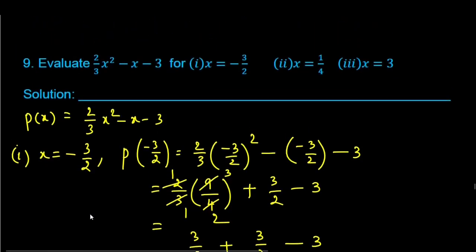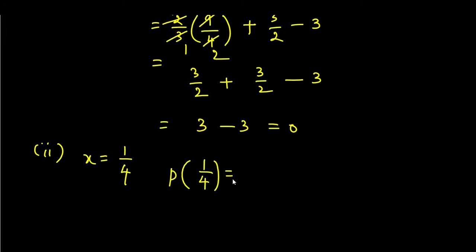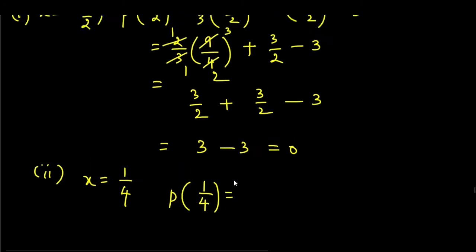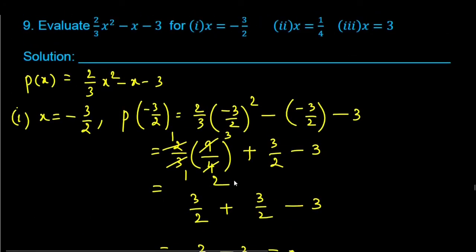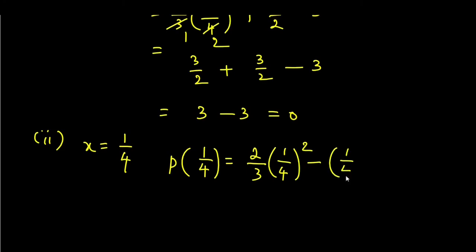Second one is x is equal to 1 by 4. So P of 1 by 4 is equal to, what is P of x? 2 by 3 x square minus x minus 3. 2 by 3 into x square, so 1 by 4 square, minus x, so minus 1 by 4, minus 3 as it is.